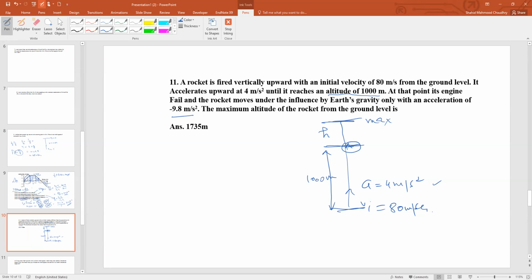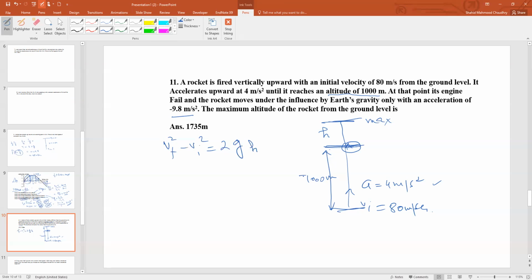It can go up. So what we have to do? We have to find the final velocity at this point first. To find the final velocity at this point, we will apply the formula vf square minus vi square is equal to 2gh. I am writing here g and h.